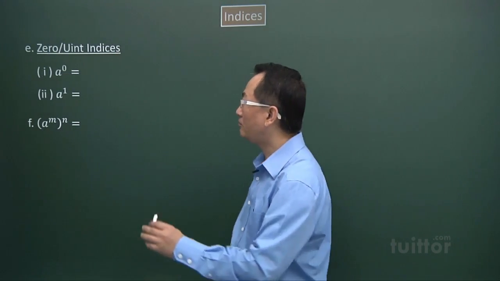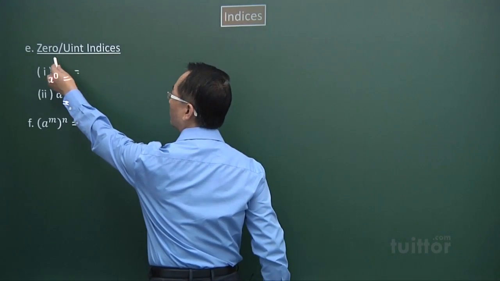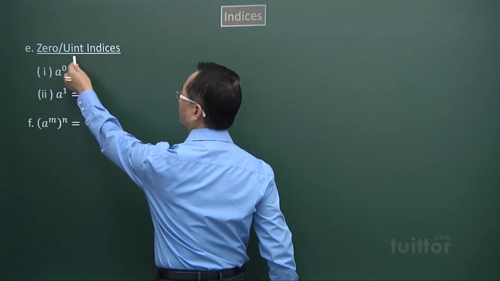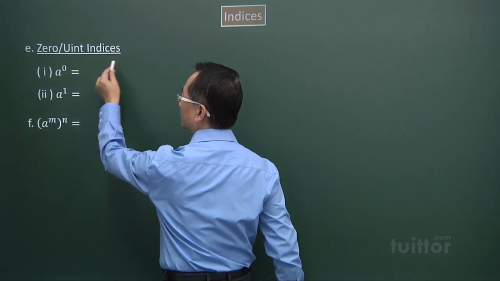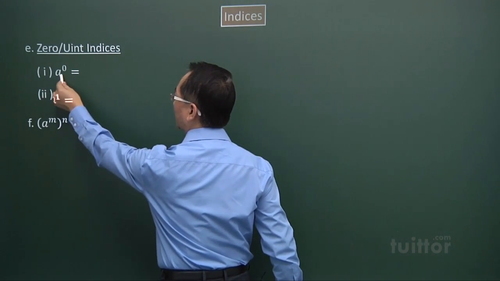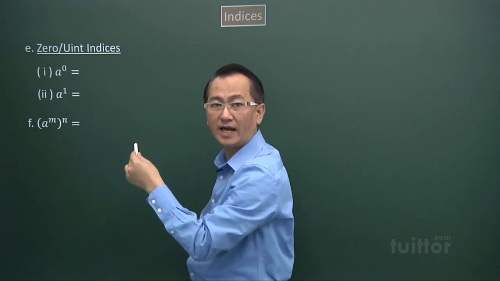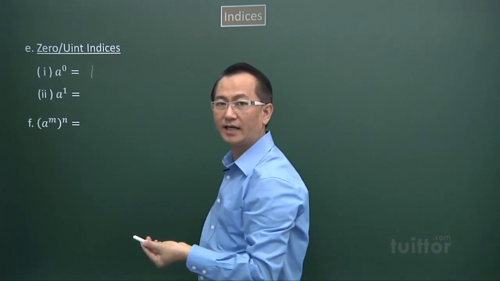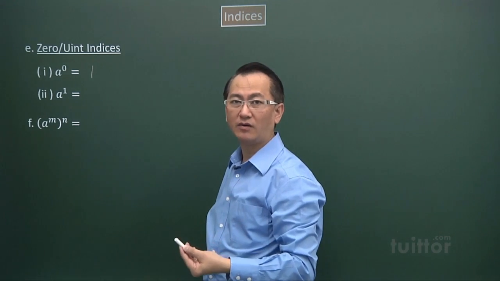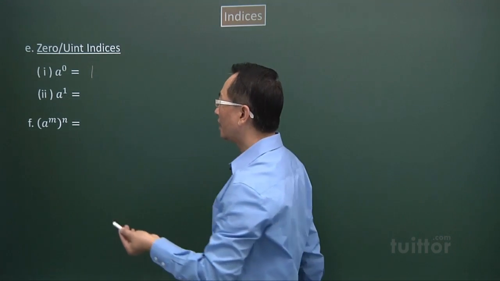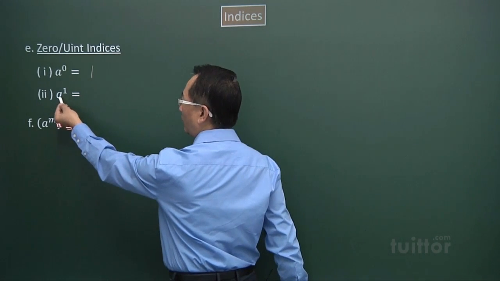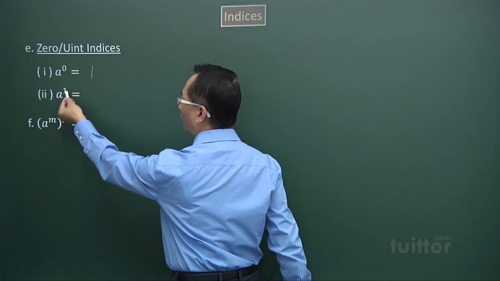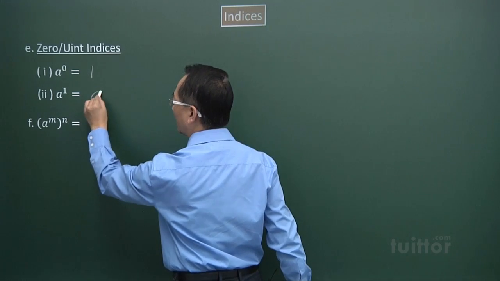Now we look at part E, zero or unit indices. So in part 1, we have a to the power of 0. That will give me a 1. So in fact, any number to the power of 0 is 1. Part 2, a to the power of 1, that will just be a.